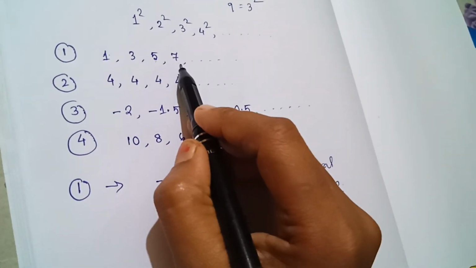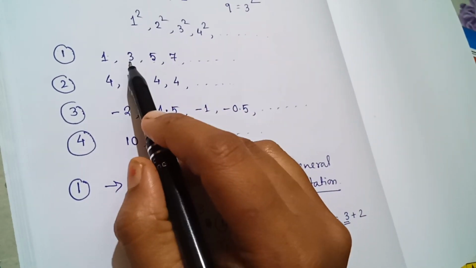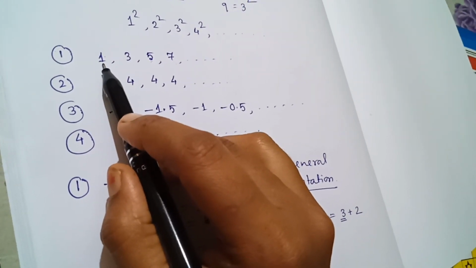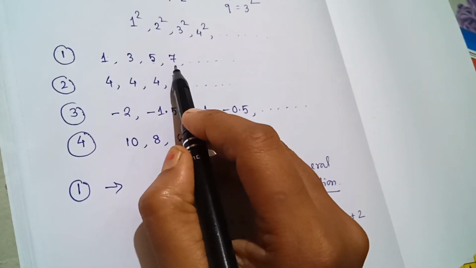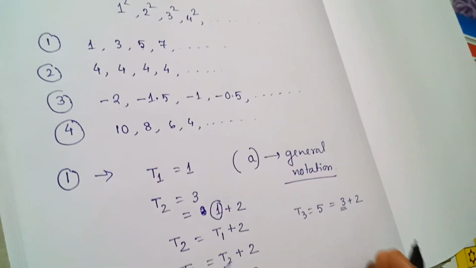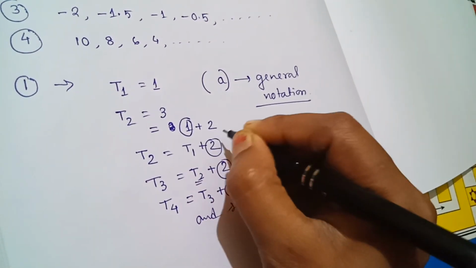That means each term is 2 more than the preceding term except the first one. This 2, everywhere we are getting 2.